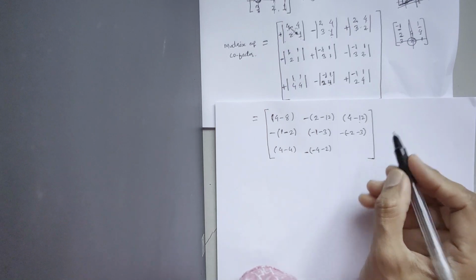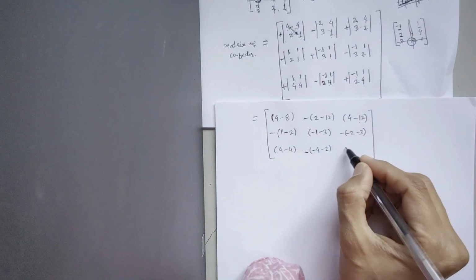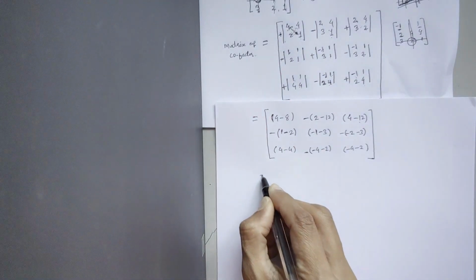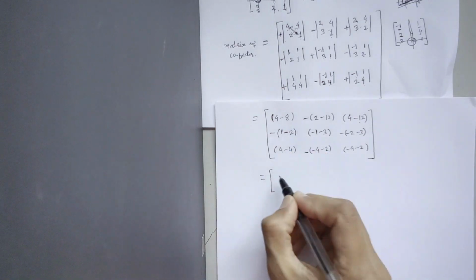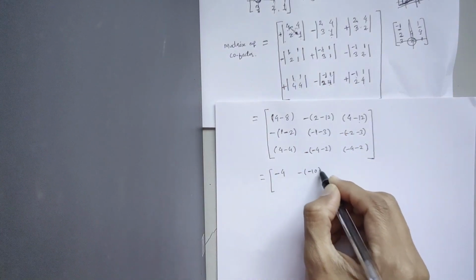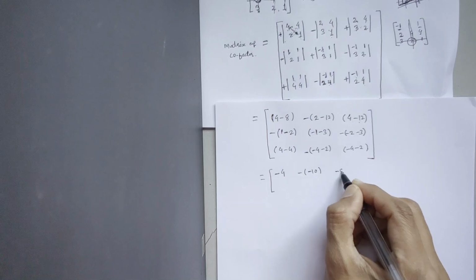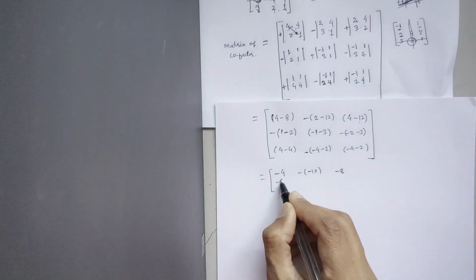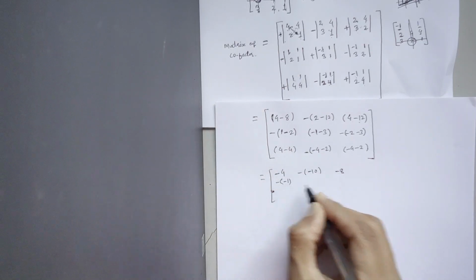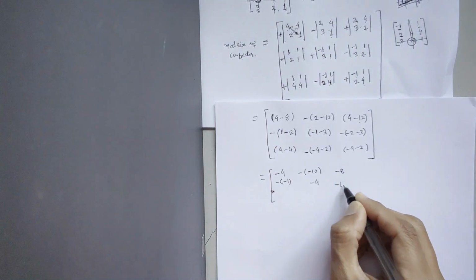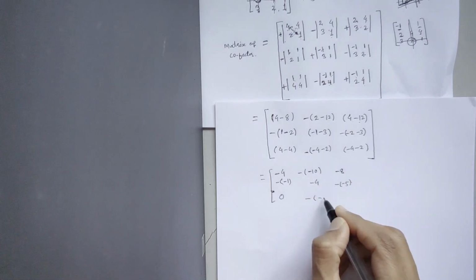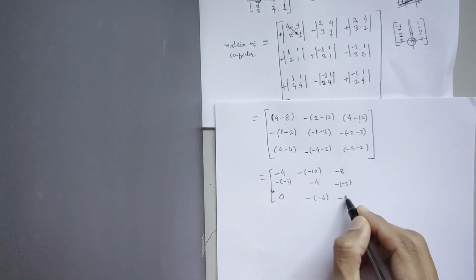Minus 1 into 4 is minus 4, minus 2. All right, so finally I get minus 4, minus 12, minus 2, minus 10, 4 minus 8, minus, let's make it bigger, minus 1, minus 4, minus 5, 0, minus 6, minus 6.